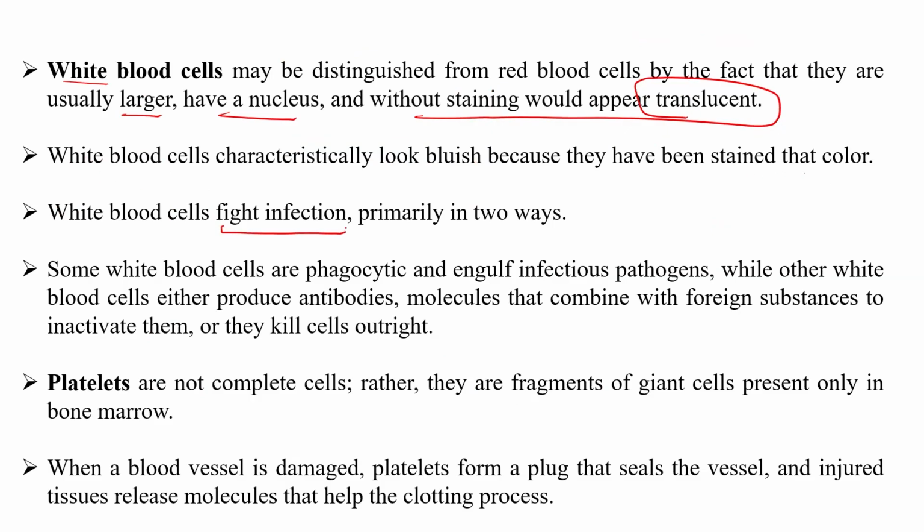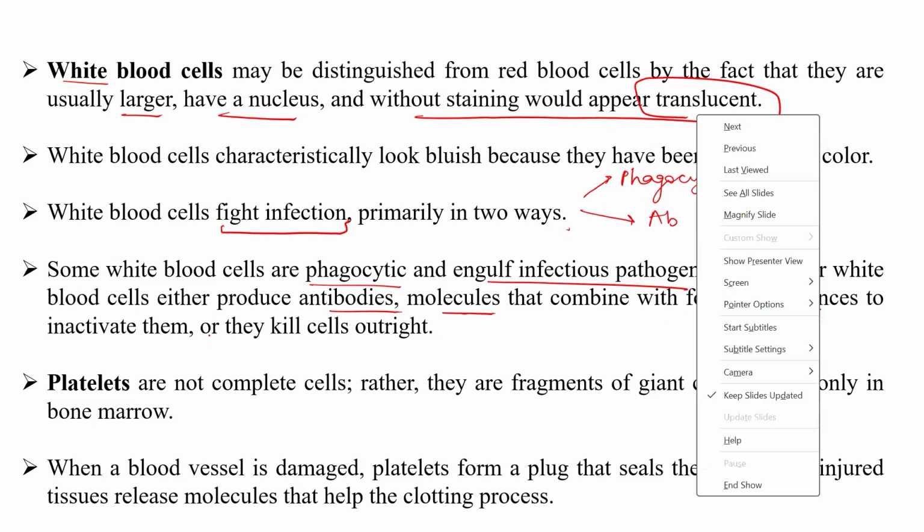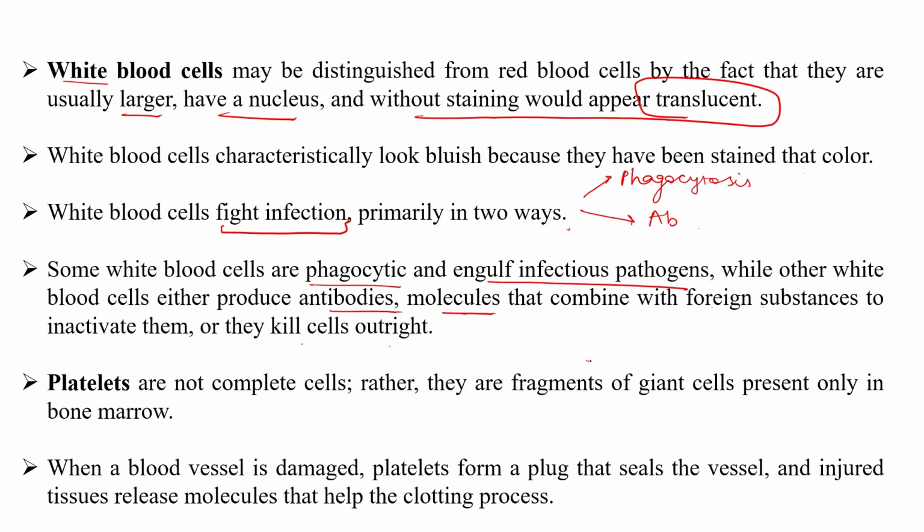They help in fighting against infection, usually in two ways, either by phagocytosis, that is by engulfing, or by the production of antibodies. Some white blood cells are phagocytic and engulf the infectious pathogens, while other blood cells either produce antibodies, molecules that combine with the foreign substance to inactivate them, or they kill cells outright.